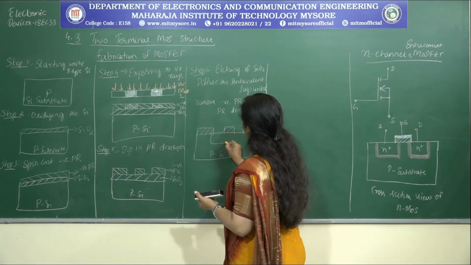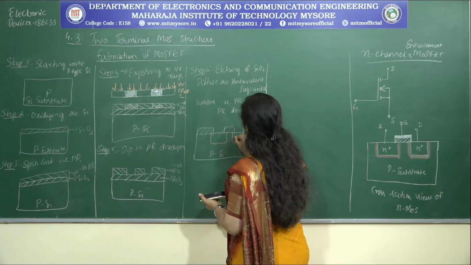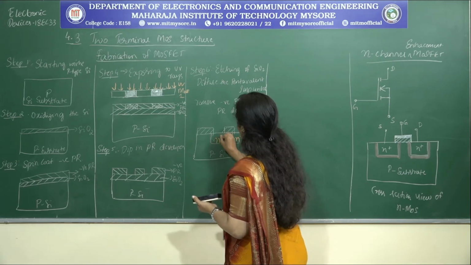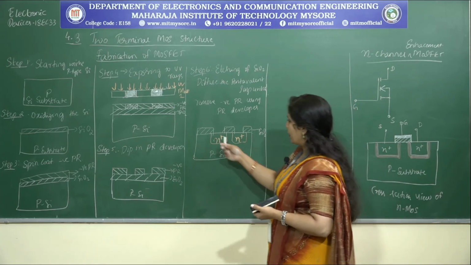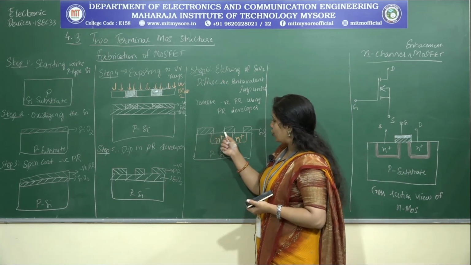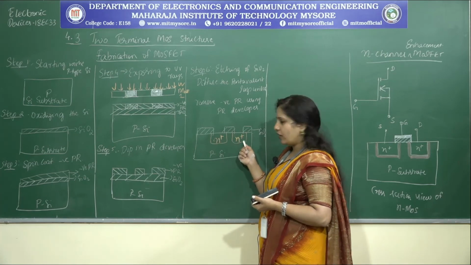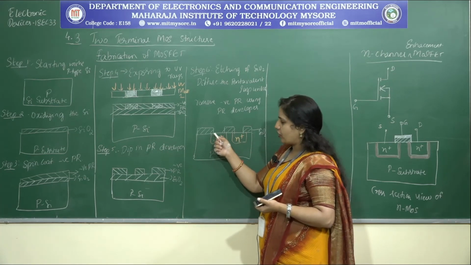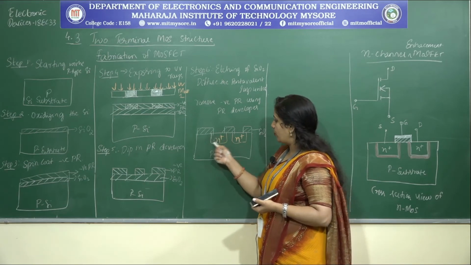I am trying to dope it with pentavalent impurities, which forms what are called N plus regions. Done. Always ensure to have a little extension here. It will not stop exactly at this point. Yeah, there will be a little extension that takes place, and therefore ensure to show it from here to here.